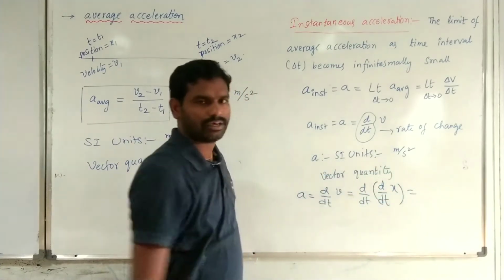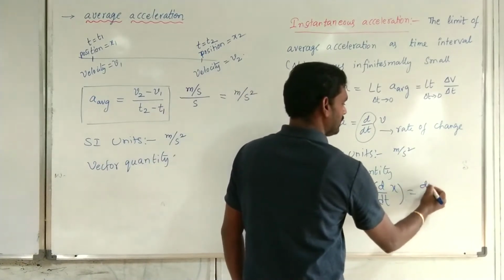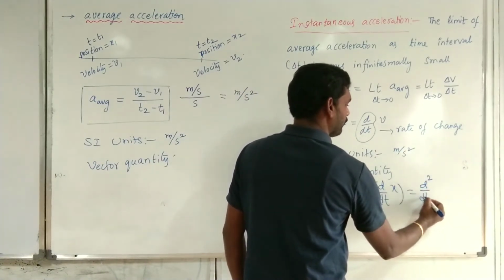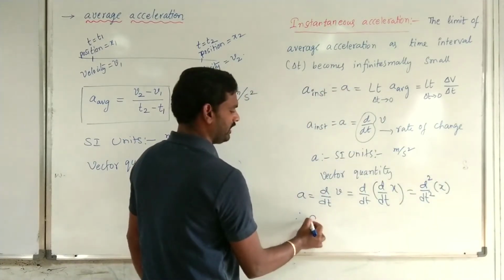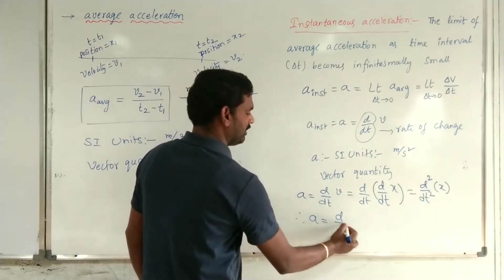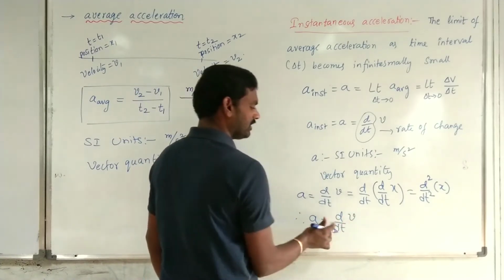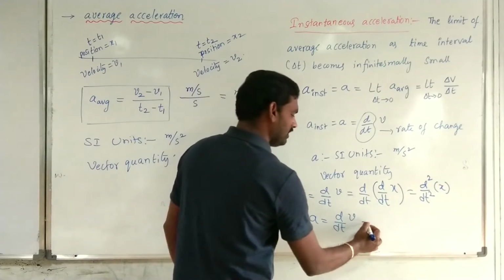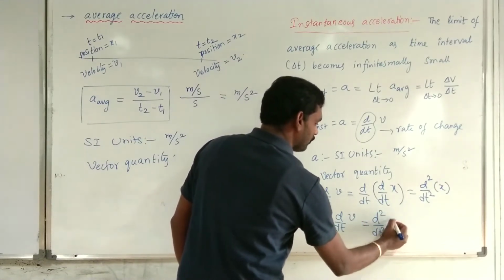So, d by dt of d by dt is d square by dt square of x. Therefore, finally, we can conclude that acceleration equals d by dt of v, the rate of change of velocity, or d square x by dt square.